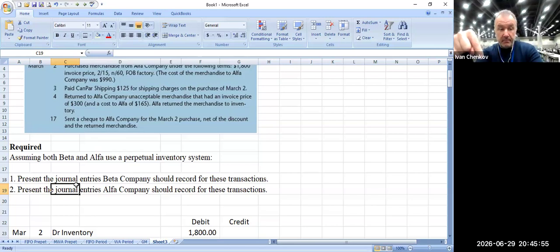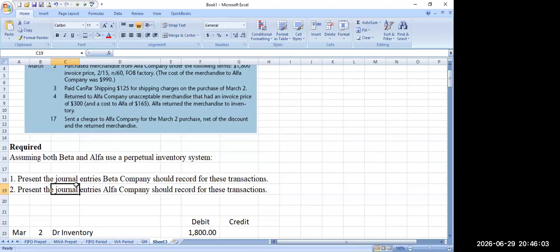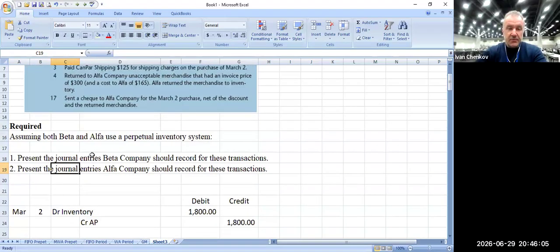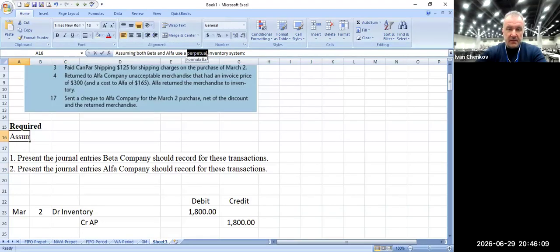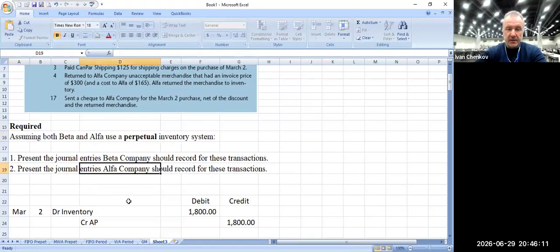If we were using the periodic system, then we would have a separate account for freight. Remember? That's why it's important for you to identify at the very beginning whether you have a perpetual or periodic system. When it says perpetual, on the purchases, everything goes in inventory. When it's periodic, then we put everything in a separate account.